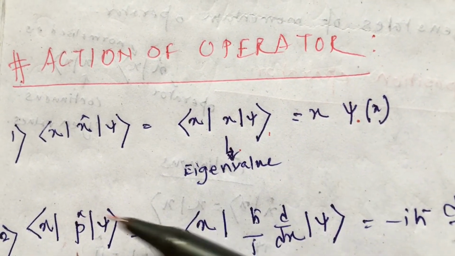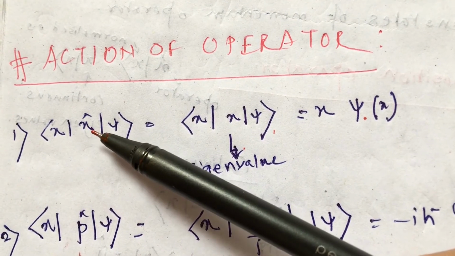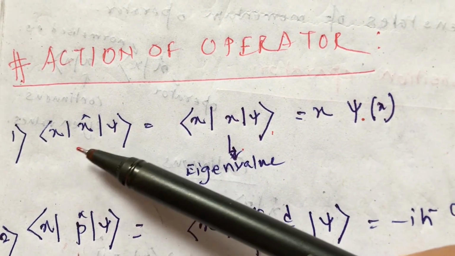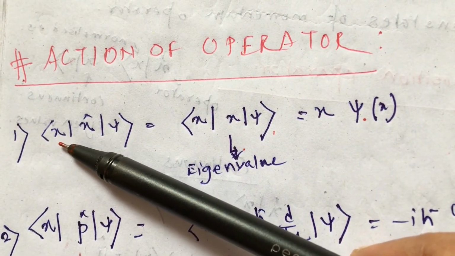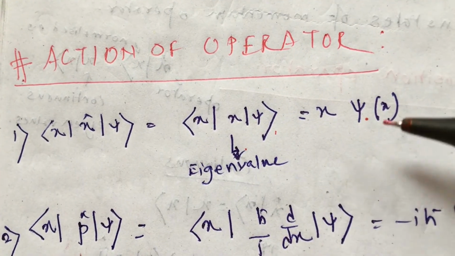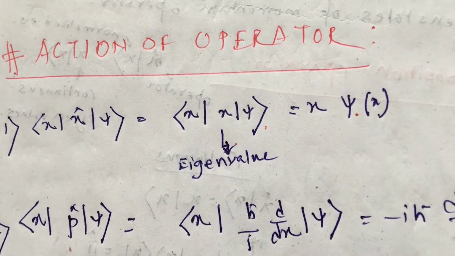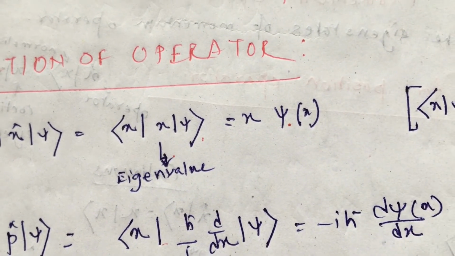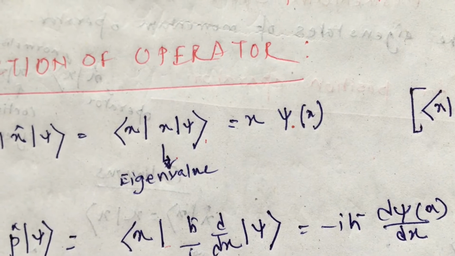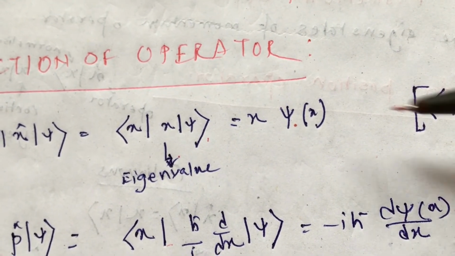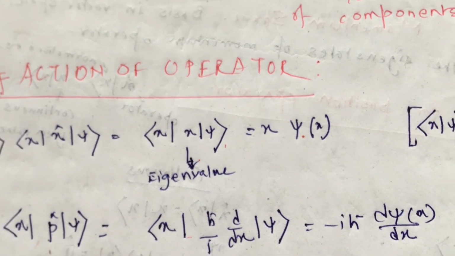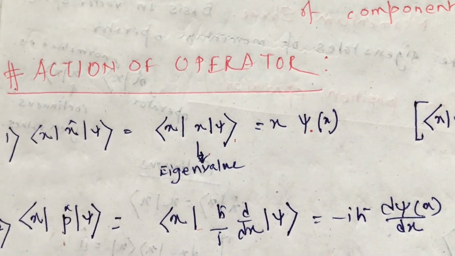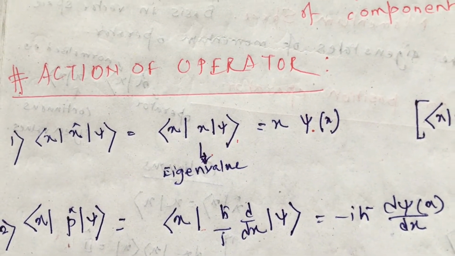So in position space, the x operator, sandwiched between the eigenstate <x| and |psi>, will give me x psi(x). And if it's the p operator, I will get minus i h-bar d/dx of psi(x). I will need these two relations in future.